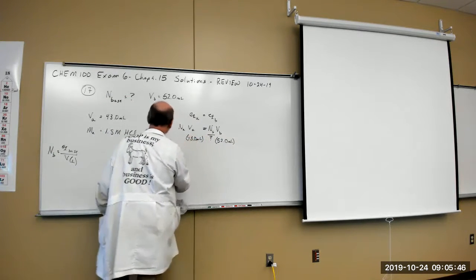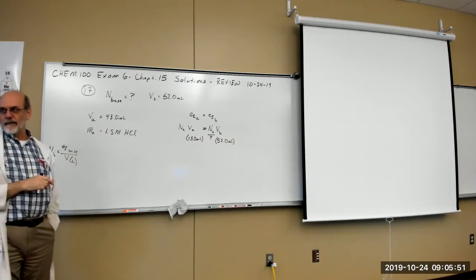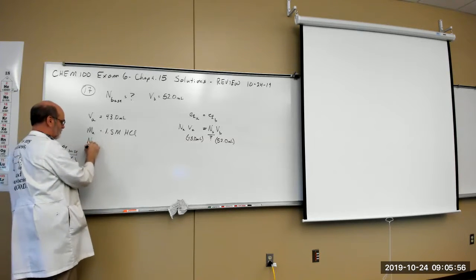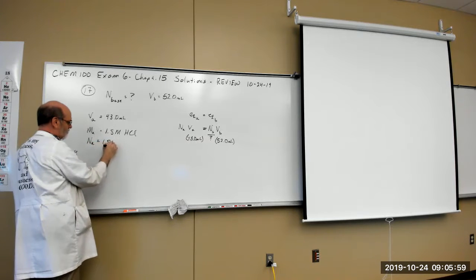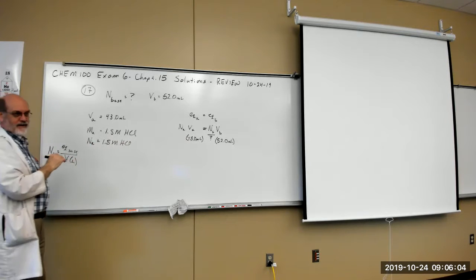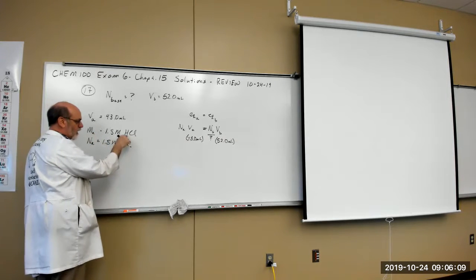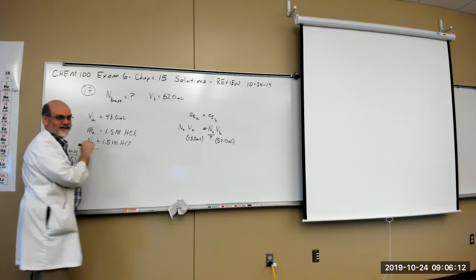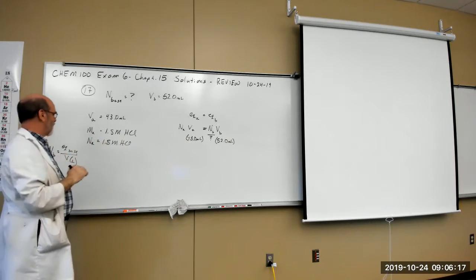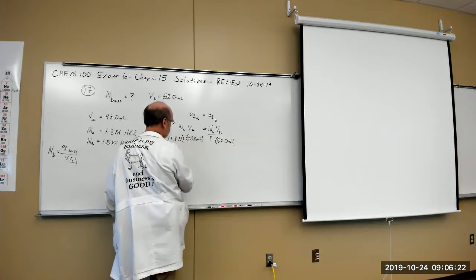Okay. What's the normality of the acid? Is that true? Molarity is equal to normality if you've only got one proton per molecule. Okay? That's nice. So we do know what the normality is, 1.8 normal.